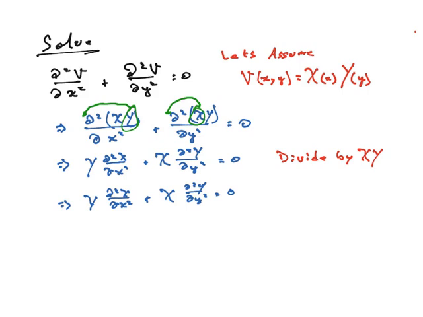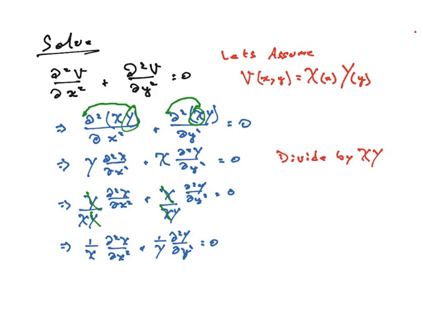And I just divided by XY, so I divide this by XY, divide this by XY, and of course the right side is just 0, so that doesn't matter. And now, once we've done that, notice the Y's cancel here, and the X's cancel here. And so now what we have is 1 over X d squared X by dx squared plus 1 over Y d squared Y by dy squared equals 0.